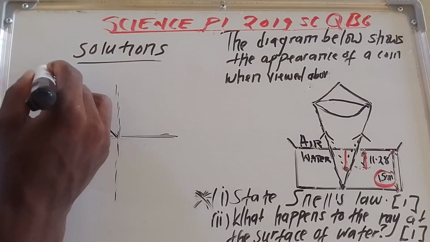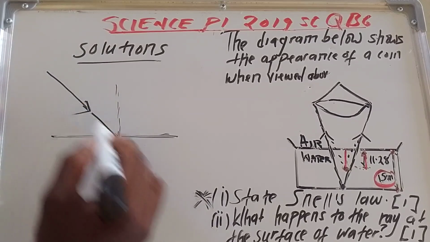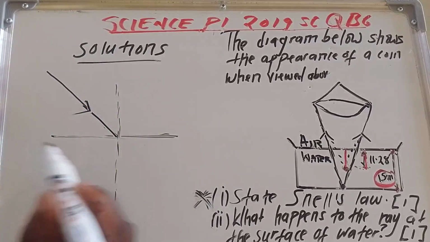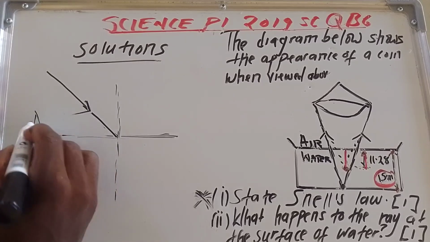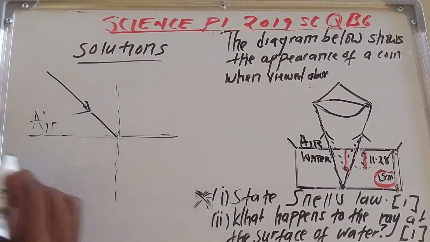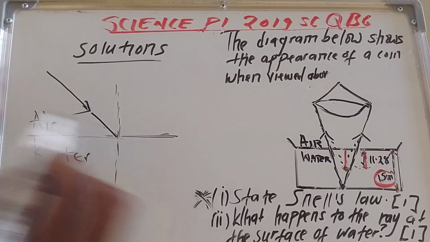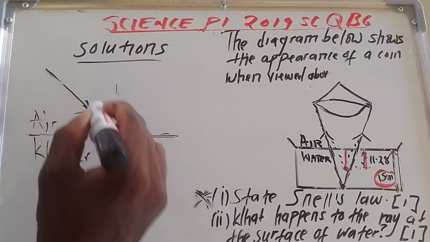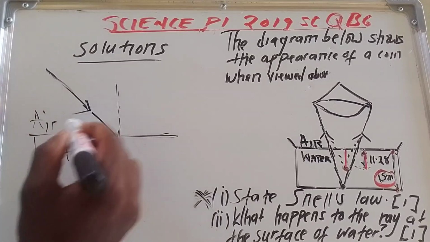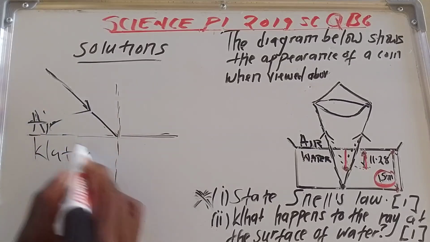So now, as this light ray is passing from one medium to another, let's say, for example, this ray is coming from air, then it is going into water.